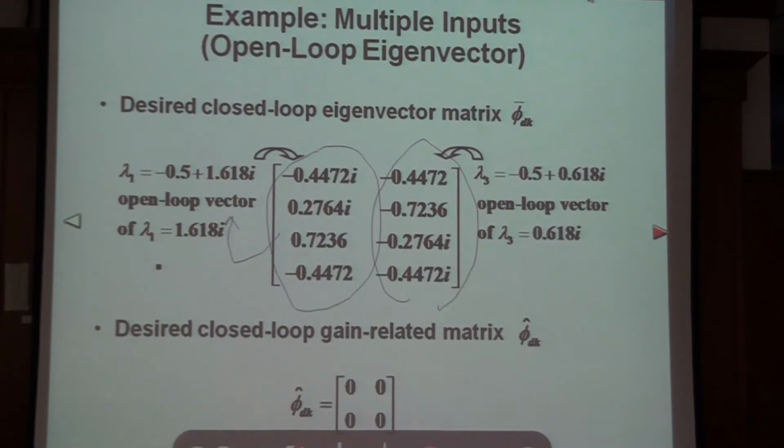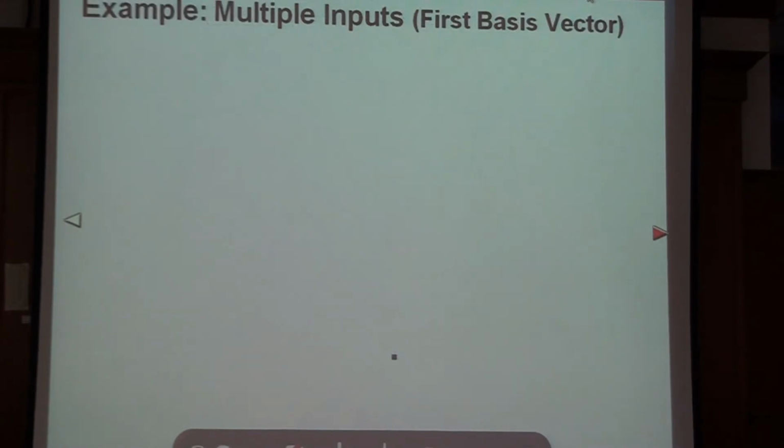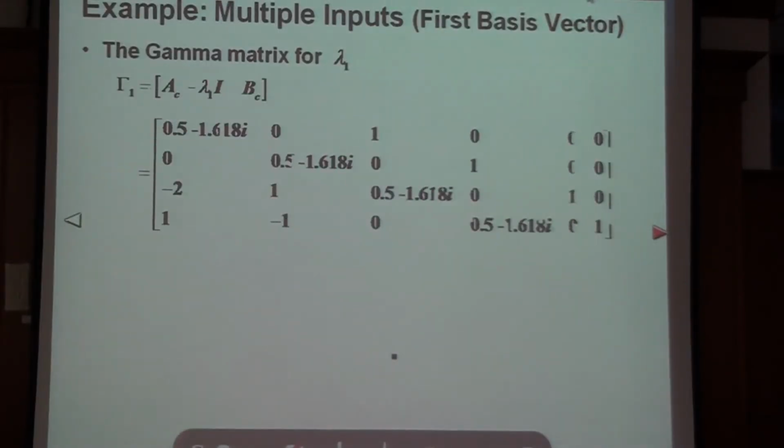I define my desired closed loop gain matrix, and this is for two inputs because I have two inputs. Now my gain will be a matrix.